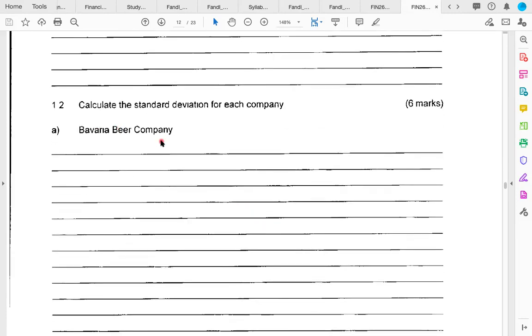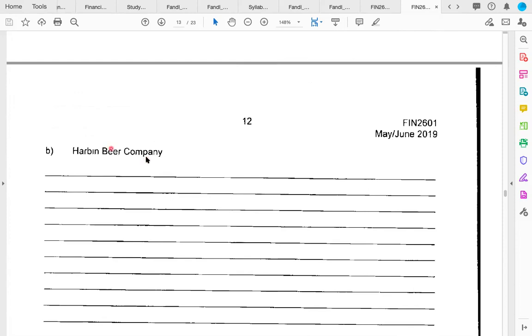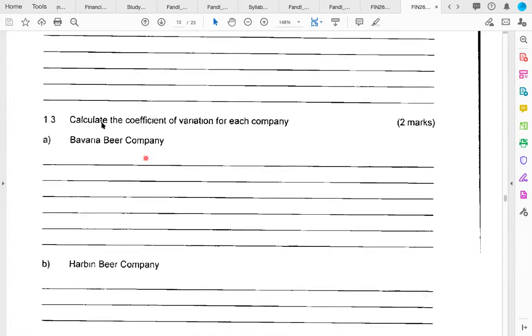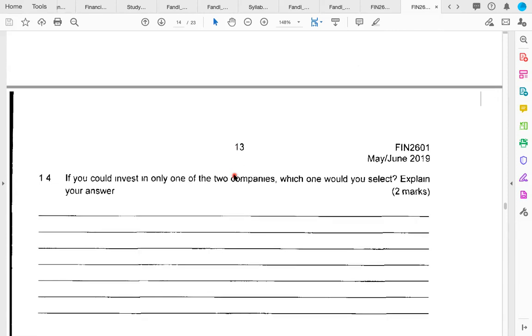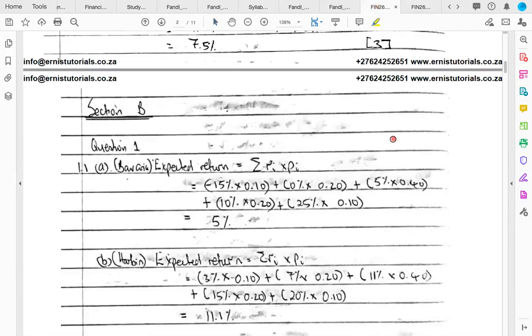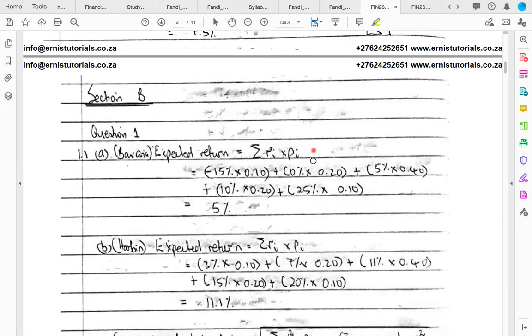Lastly, calculate the coefficient of variation for each company. And if you could invest in only one of these two companies, which one would you select? Explain your answer.